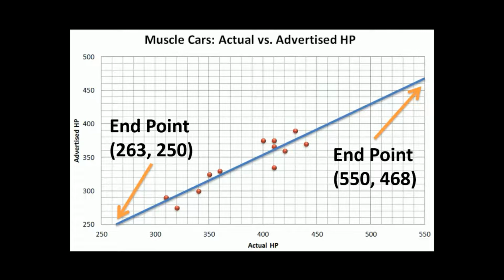But since this graph actually starts at x equals 250, we have to go 250 further to the left before we actually get to the true y-axis. It looks like the y-axis is on the left side of this sheet, but the true y-axis is actually way, way over. And because of that, it's much lower than we thought it would be. So don't try and estimate the y-intercept from the graph unless it's actually got an x equals 0 on it.